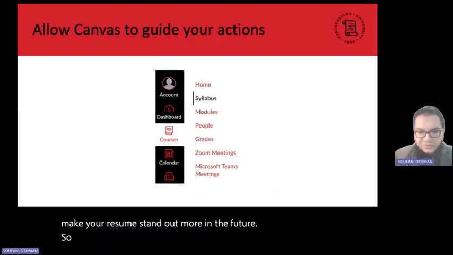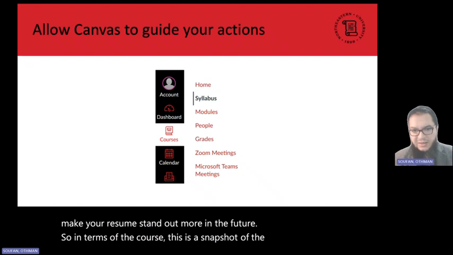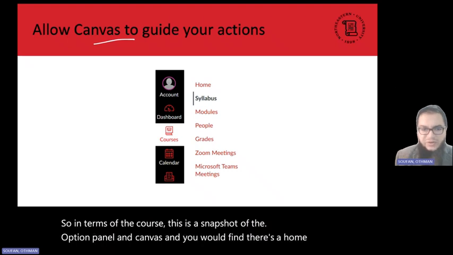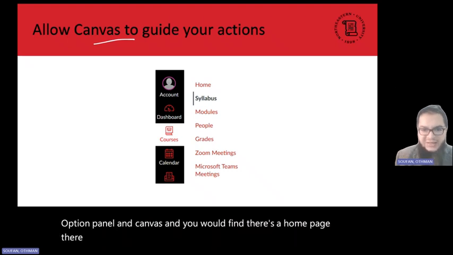So in terms of the course, this is a snapshot of the option panel in Canvas, and you would find there's a home page. There is as well the syllabus, as you can see.